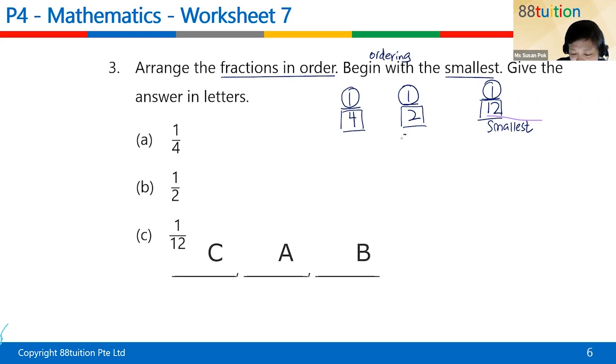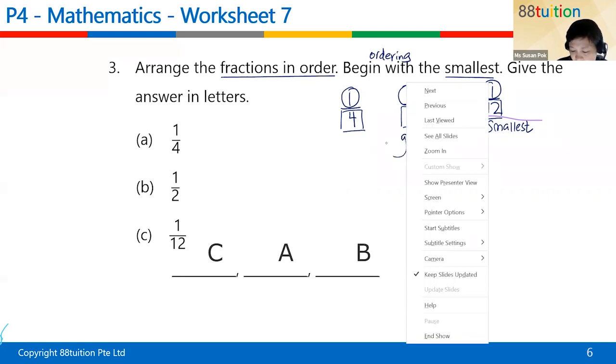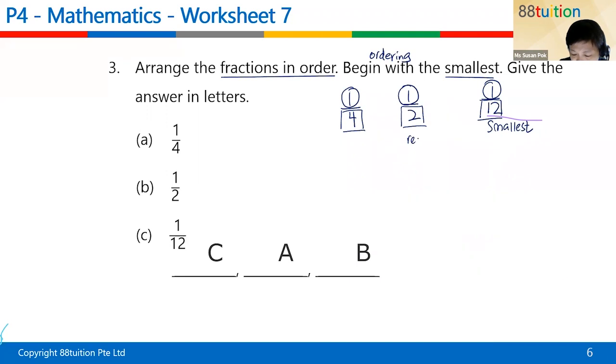So this one will be the greatest fraction here because it has only 2 persons in the party. Then followed by 1/4, followed by 1/12. So this one is the smallest. And this one is the greatest.